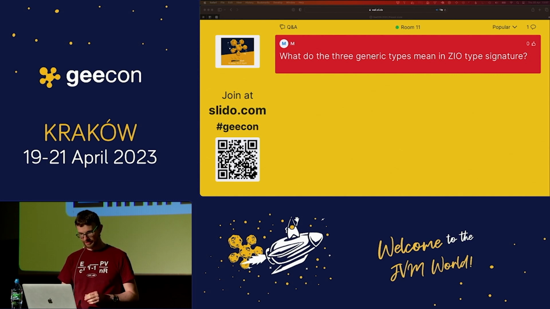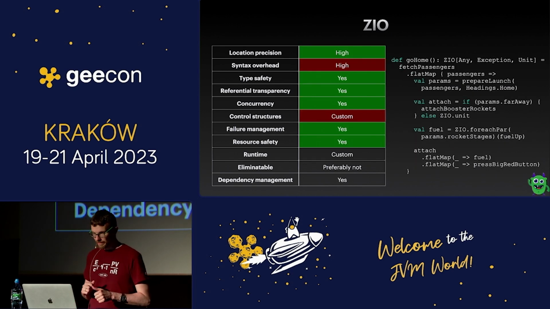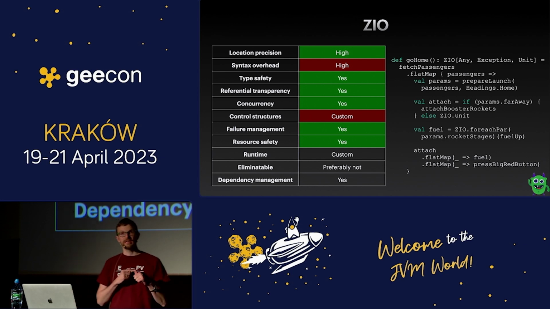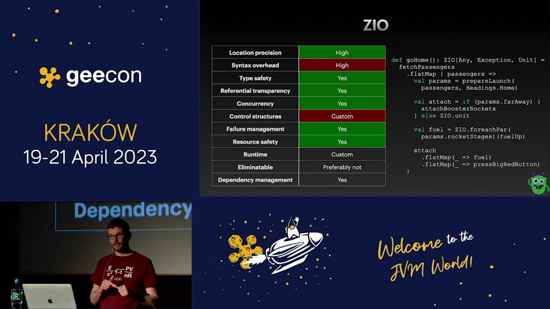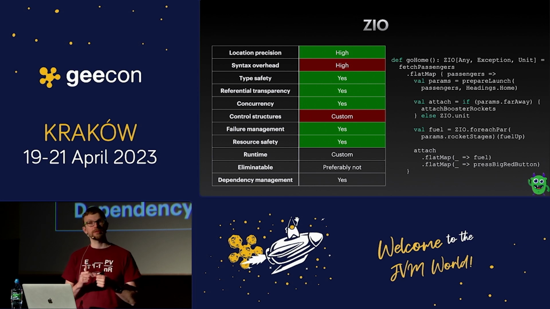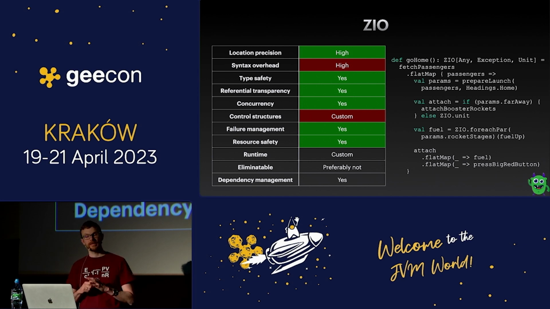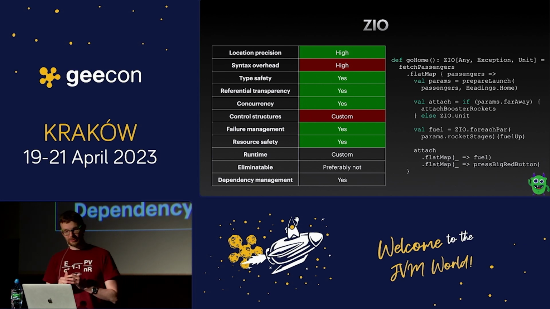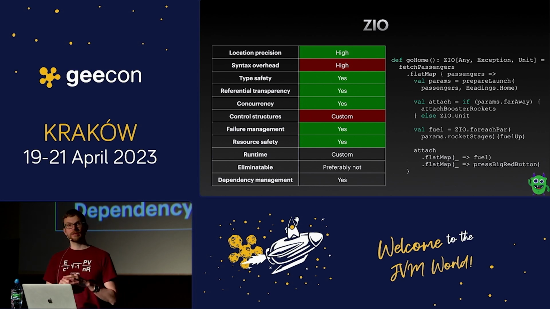Okay, let me find my mouse. And ZIO is here. So the first type parameter, Any, these are the dependencies that the computation needs. So this might be, for example, an open database connection that needs to be provided to the computation, or it might be that some scope in which resources are open, an open transaction. So these are the contextual dependencies that a computation might need. The second type parameter is the error that might be thrown.